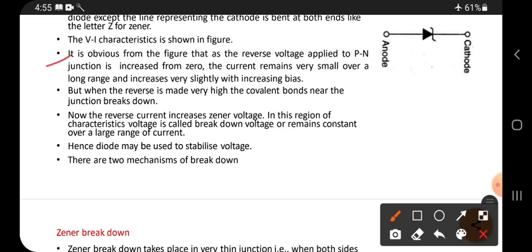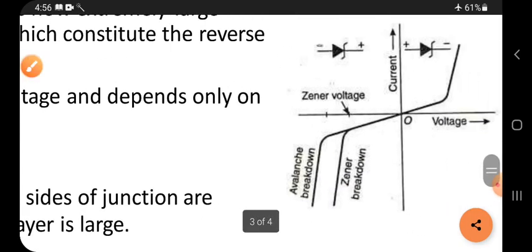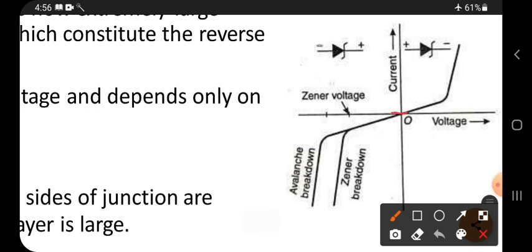As the reverse voltage is increased from zero, the current remains very small over a long range and increases very slightly with increasing bias. Here what they are saying is, at the beginning if you increase the reverse voltage, current also increases but it is a very small current. For a long range of voltage it increases only slowly.